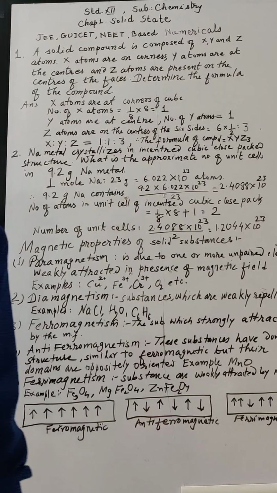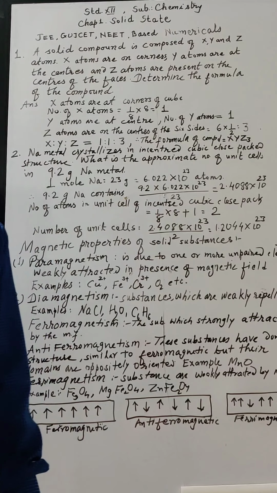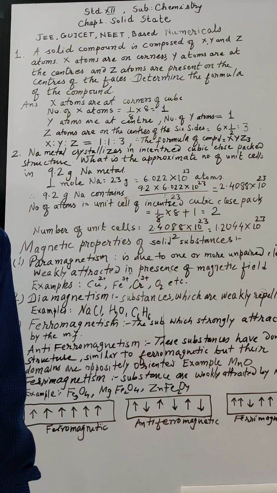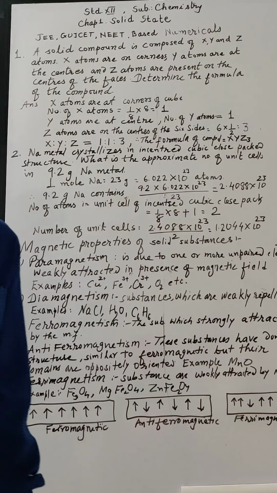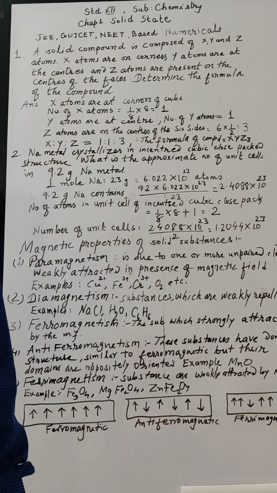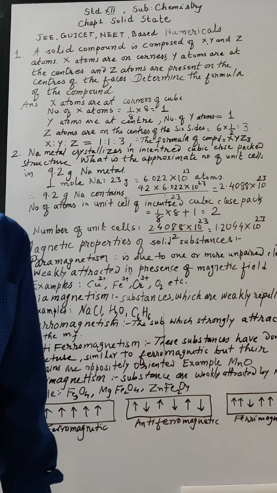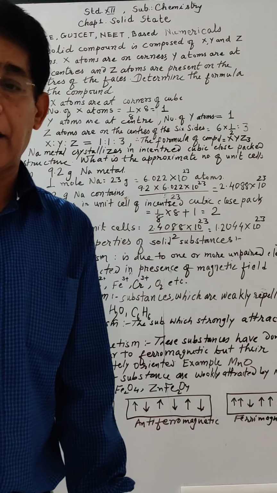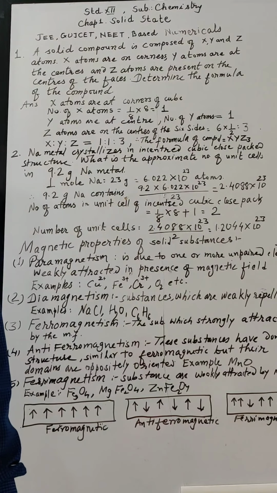Another, means second type of defect is impurity defect, and third, non-stoichiometric defect. Types of non-stoichiometric defect is metal excess defect and metal deficiency defect.